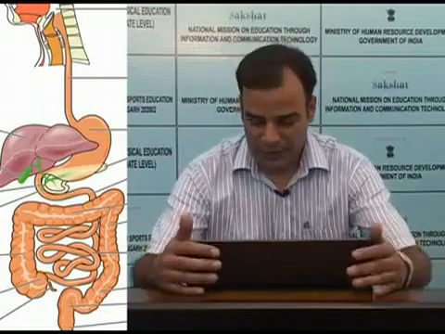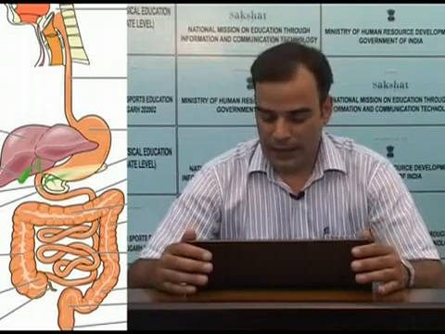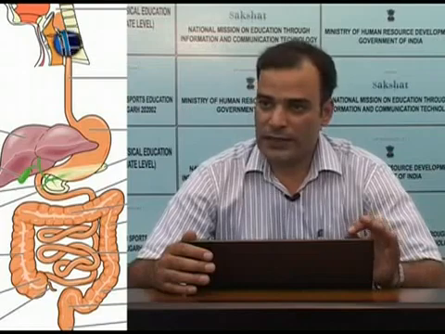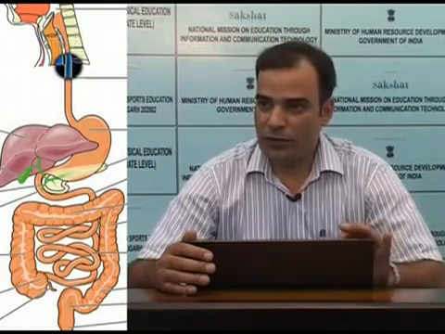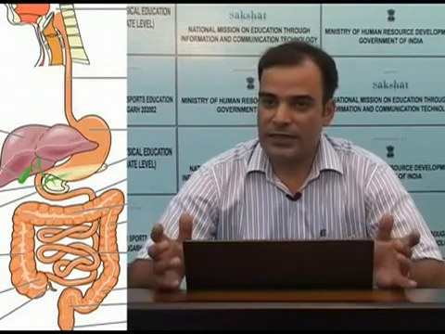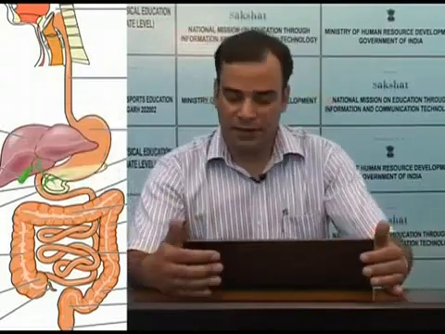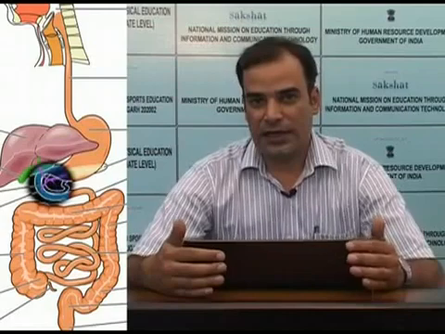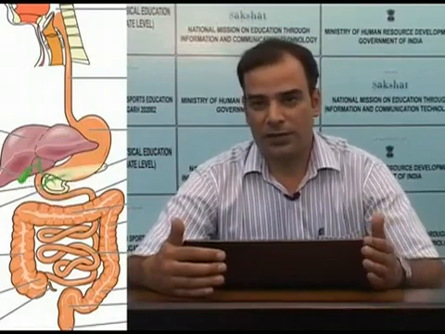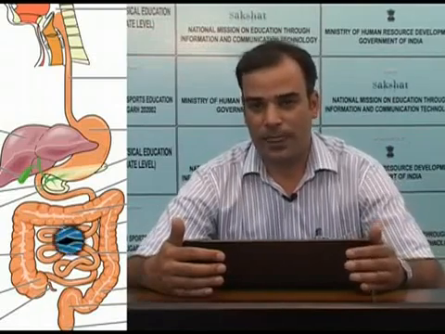In this diagram, you can see the digestive system. The alimentary canal or GIT is a long tube starting at the mouth. After the mouth, you can see a simple tube going down through the thorax into the abdomen, called the esophagus, then the distended bag-like structure called the stomach. After the stomach, the first part of the intestine, which is in an inverted C-shaped form, is called the duodenum. After the duodenum, the coiled portion you can see is the jejunum and ileum.